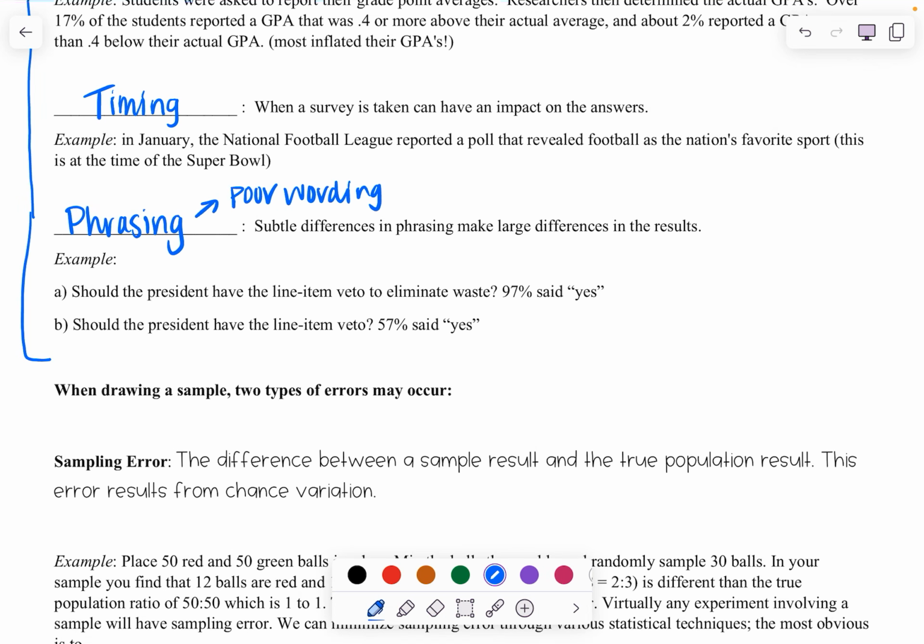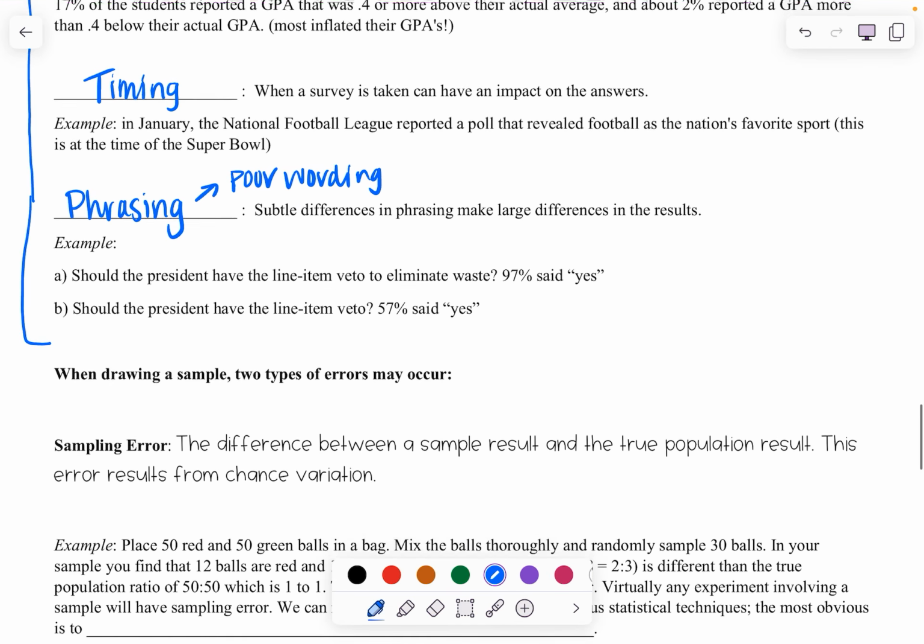If I ask the same question in June, maybe people say basketball because that's when the basketball finals happen, I think. I'm pretty sure. So the timing of the question can also change the answer. So that is a form of response bias.